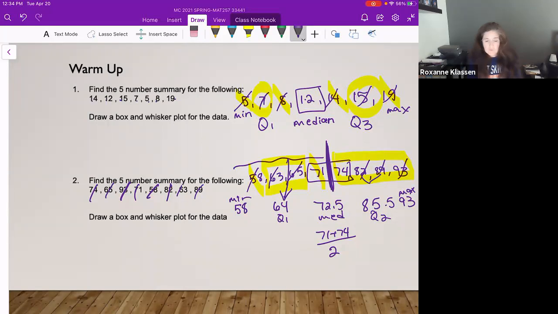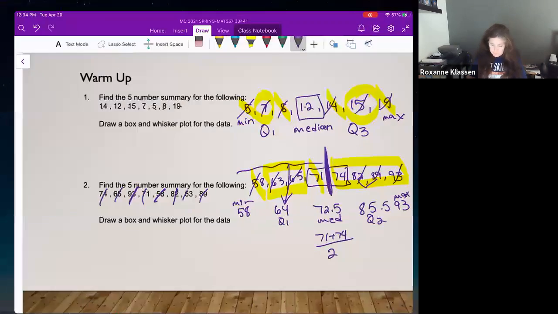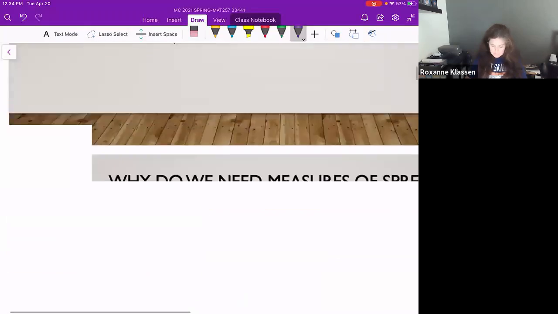Some of the other ones give you the statistics with it too, but a lot of times they make the box and whisker plot vertical instead of horizontal. So that might not be what you want. Okay, so I'll put MetaChart in the chat in case you want it. But kids should be able to do this by hand as well as you. So just make sure you can make a box and whisker plot.